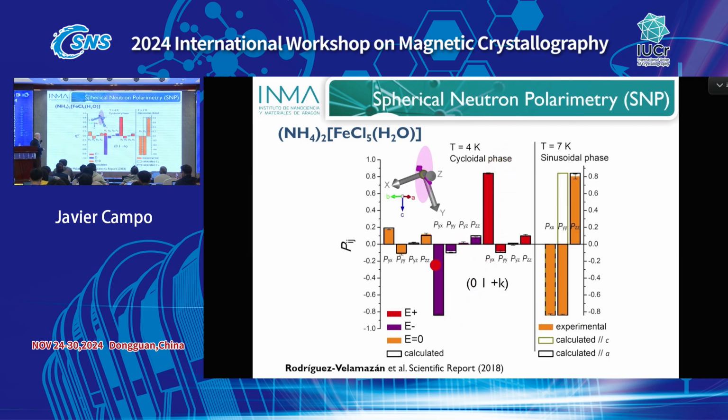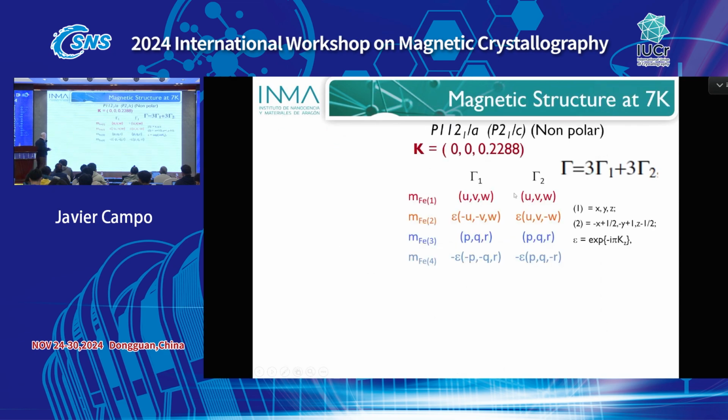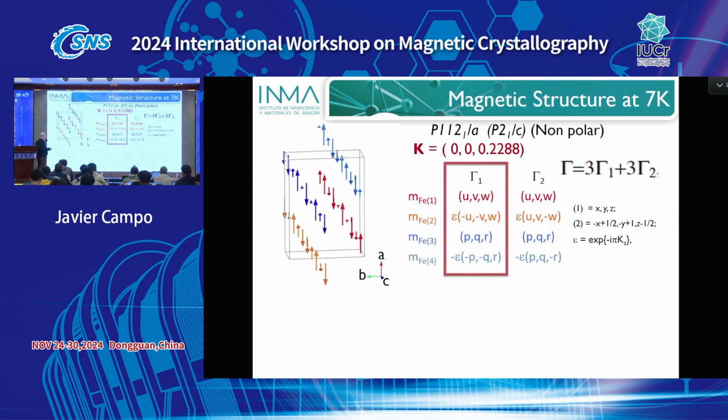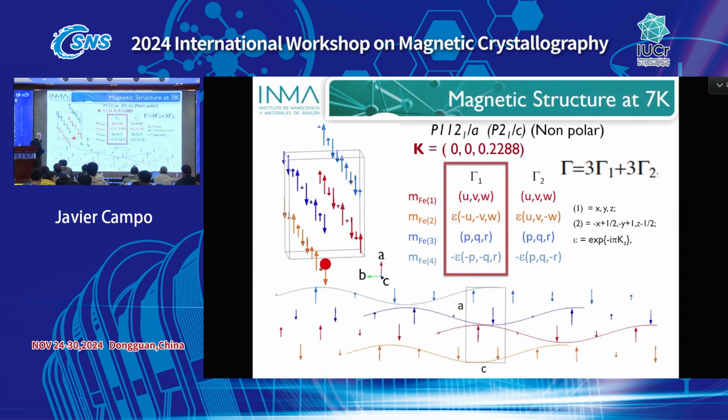This is the magnetic structure in the very narrow area: sinusoidal, first propagating along C, and then the perpendicular component appears.